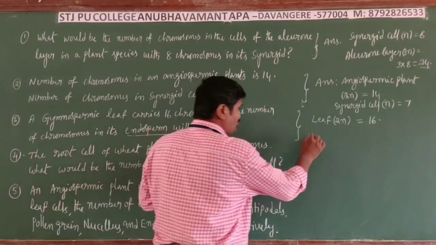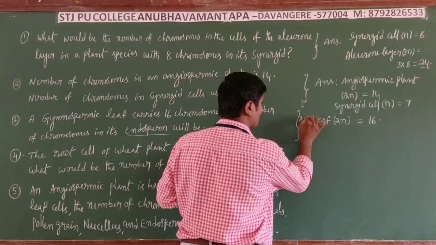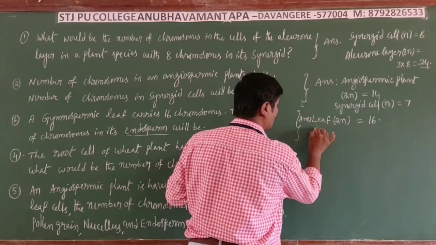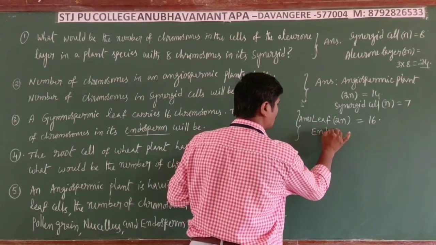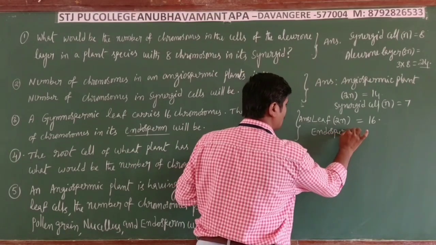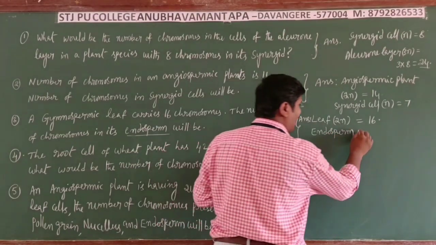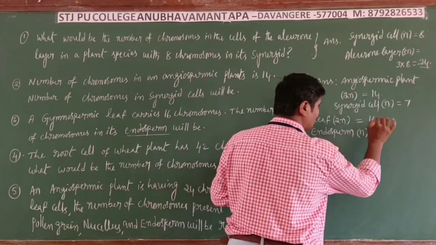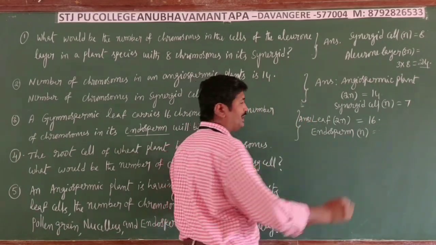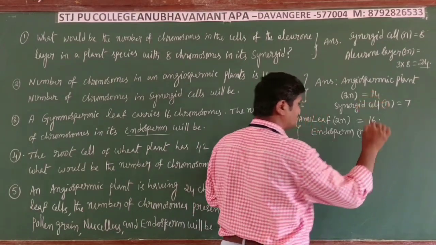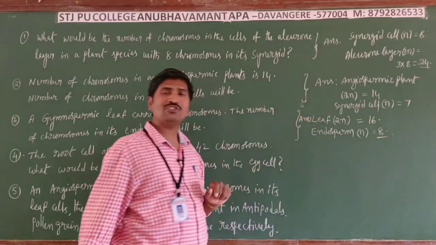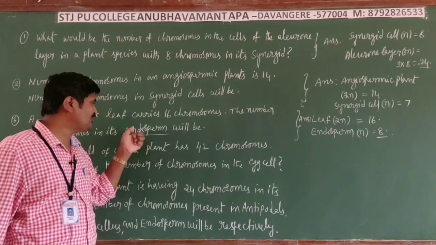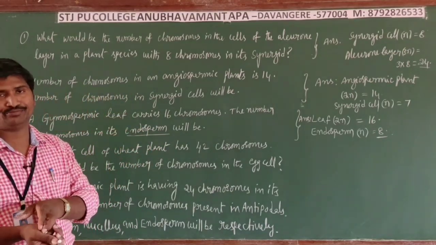What about the endosperm? The endosperm is haploid in gymnosperms. That's why 16 by 2, haploid, that is 8. Eight chromosomes are present in the endosperm of the same plant.